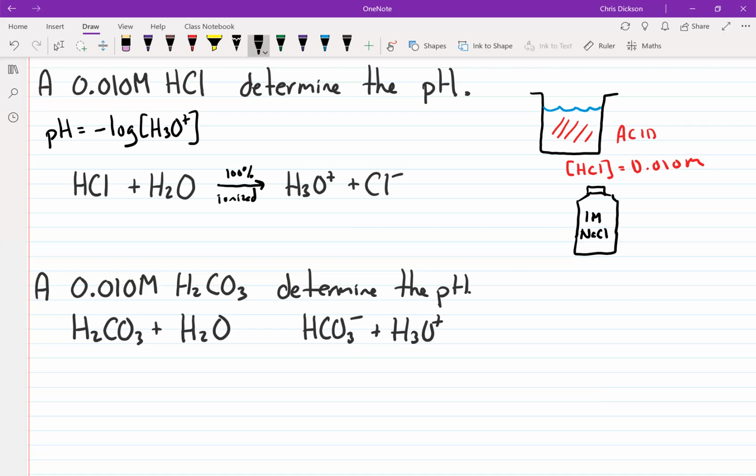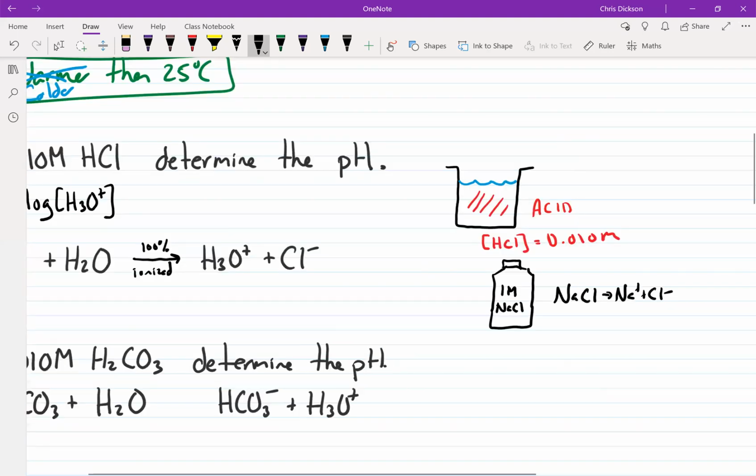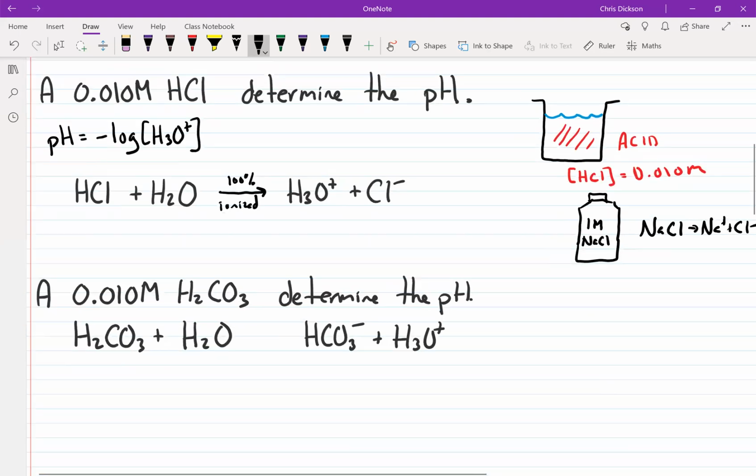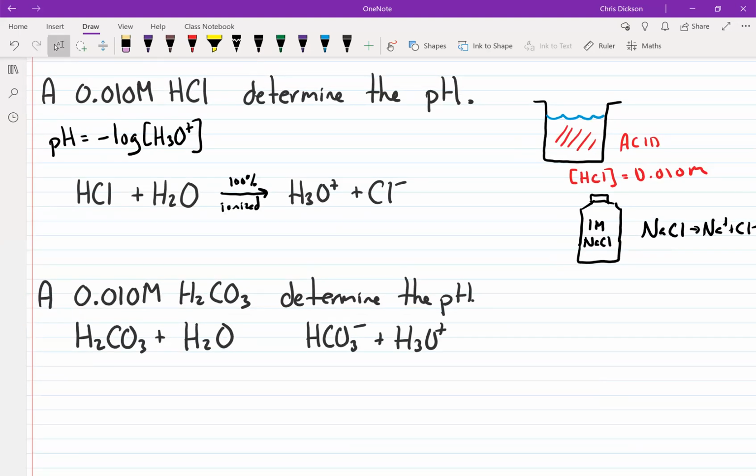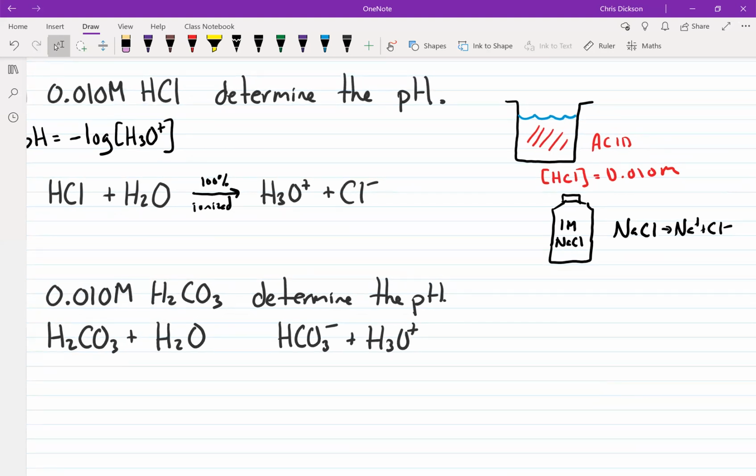Well, you should know that NaCl is a soluble salt. So when you put that into water, you get sodium ions and chloride ions. And really, you would have no actual NaCl in that bottle. Everything would have been dissociated into ions. It's not actually technically 1 molar NaCl, but it's 1 molar sodium ions and 1 molar chloride ions.